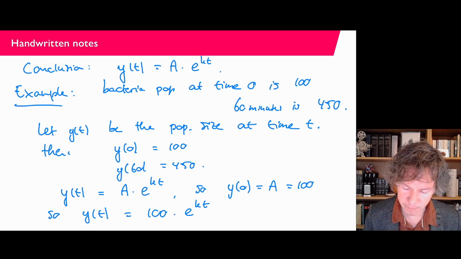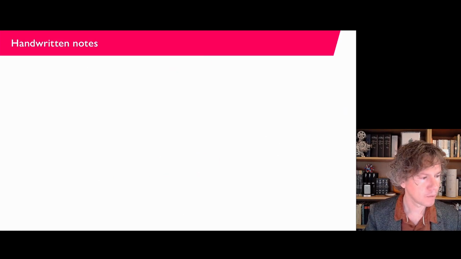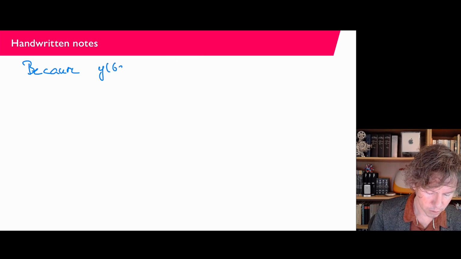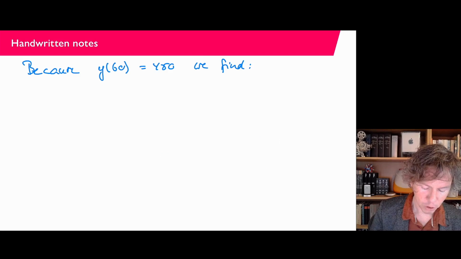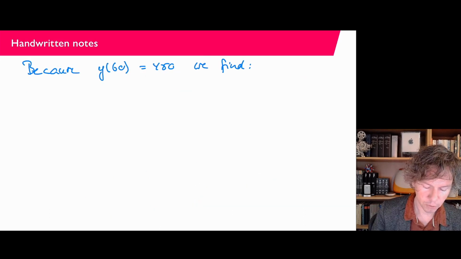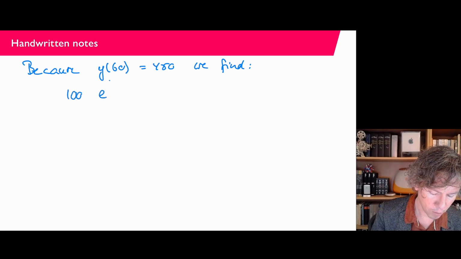So let's see. Because y(60) equals 450, on the one hand I have this formula at the bottom here, 100 times e to the power k times t, and I also have this data point. So what I find is that 100 e to the power 60 times k equals 450.